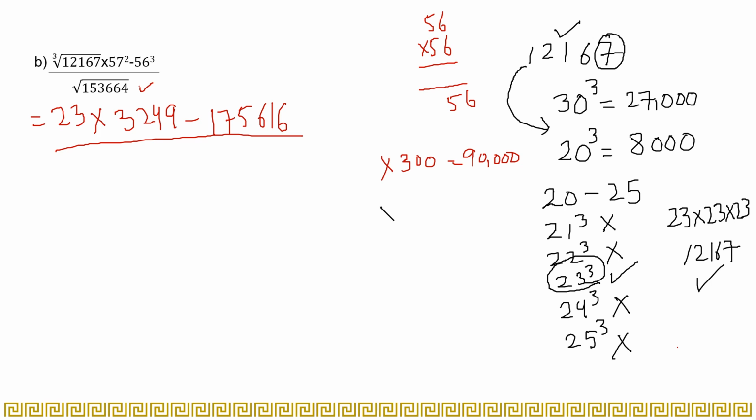So we should try maybe 400 squared. When you multiply 400 two times, what will you get? You will get 160,000, right? Now compare this with this number.